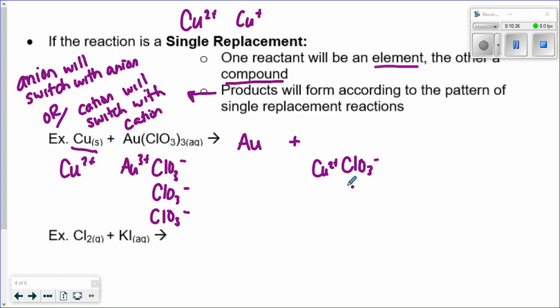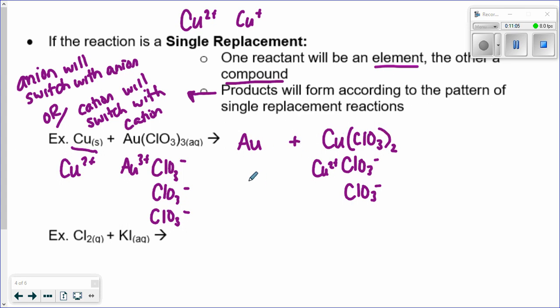So I know I need 2 of those chlorates. My new compound will be Cu(ClO3)2. So we have copper plus gold 3 chlorate produces gold and copper 2 chlorate.